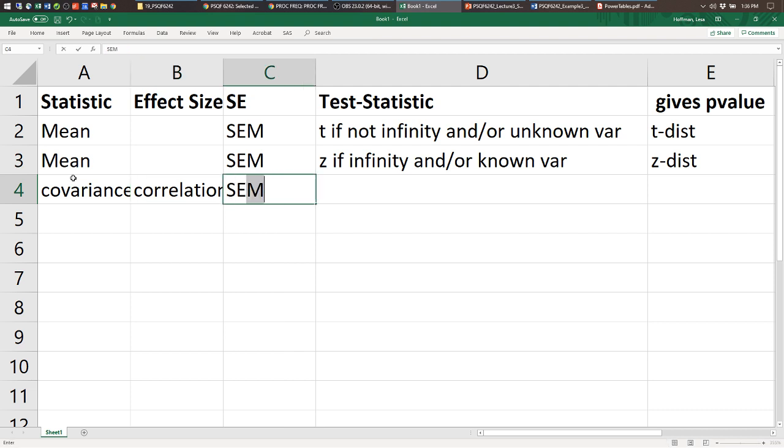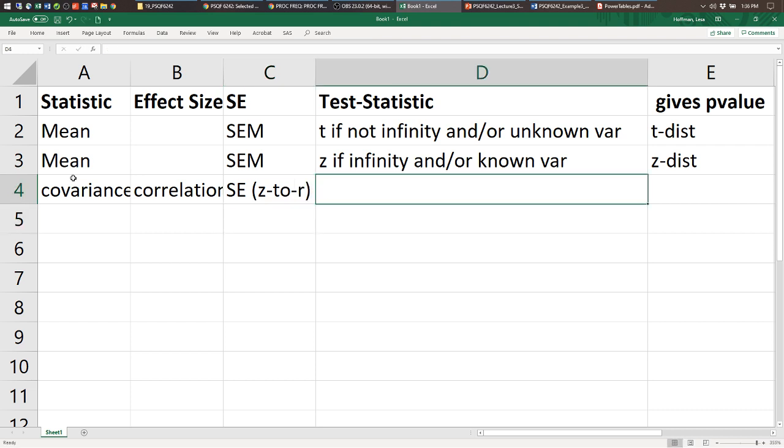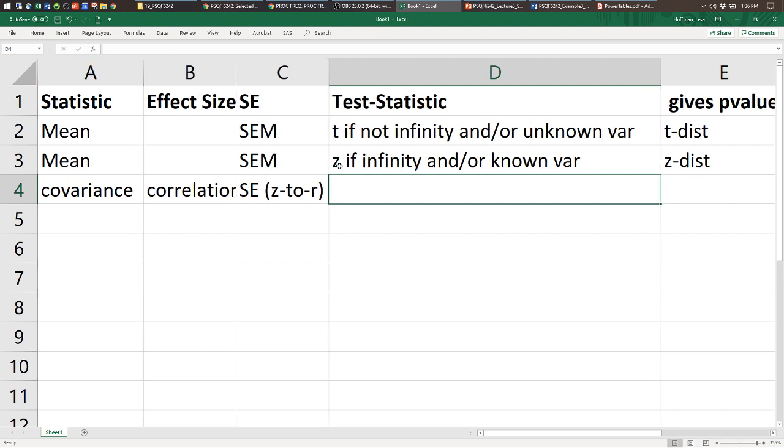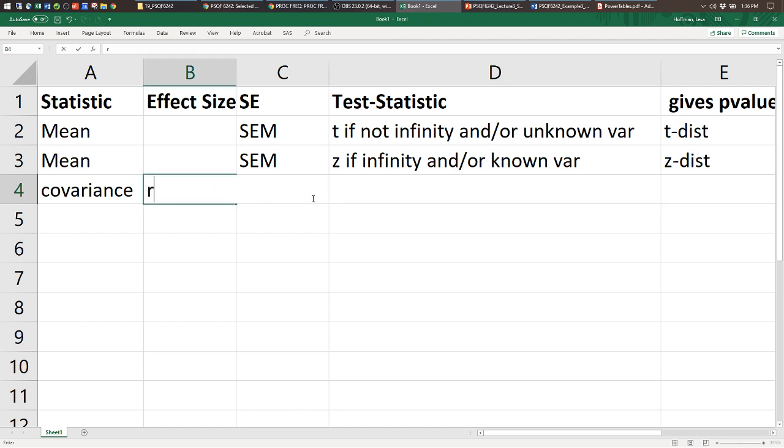You can compute a standard error for a correlation, but it requires a nonlinear transformation because correlations are bounded. What test statistic do we test a covariance or correlation against? That's the effect size. R is the effect size.